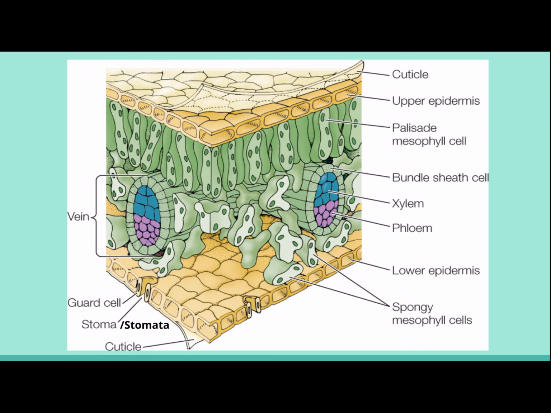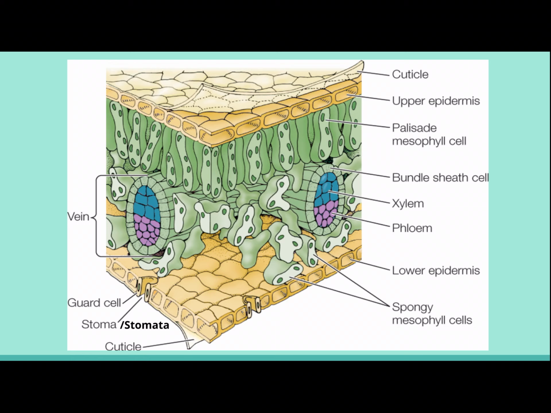Remember, the ground tissue supports the vascular tissue, so that's primarily what the spongy mesophyll cells do, is it provides support for the veins, which of course includes the vascular tissues. But notice the palisade mesophyll cells, they're very organized. They're arranged in a certain fashion. Okay, and that's again because that's where primarily all the photosynthesis takes place, inside the leaves.